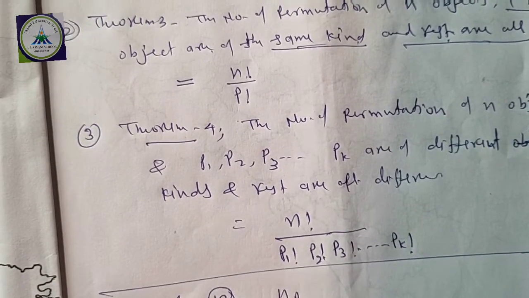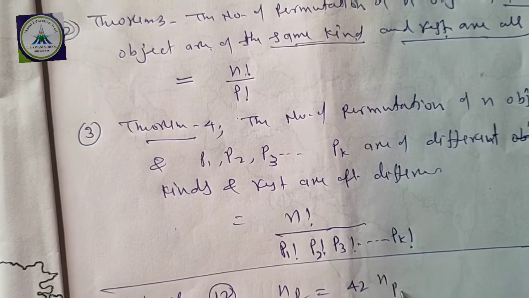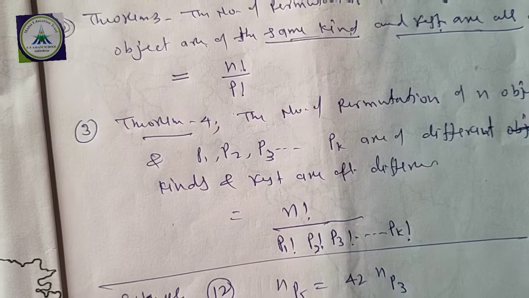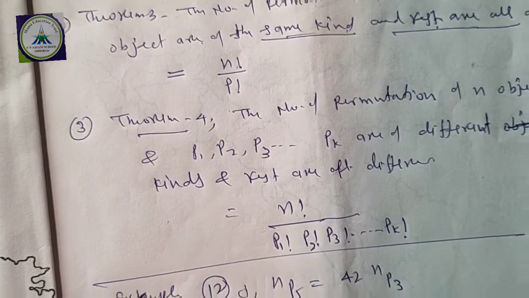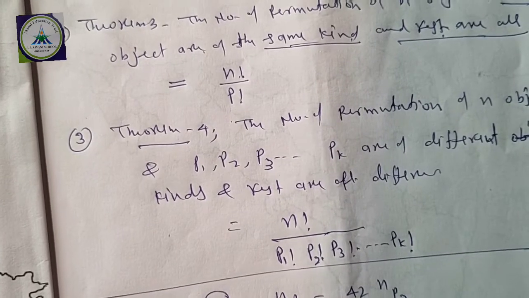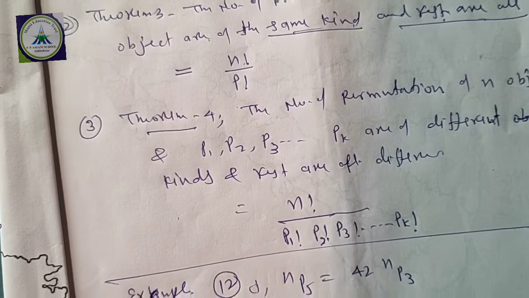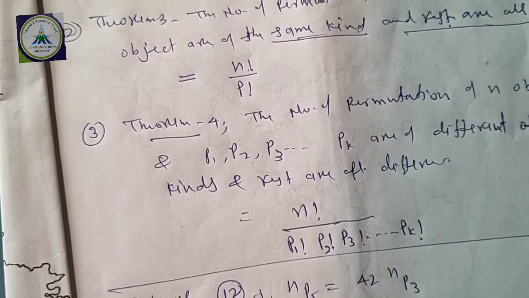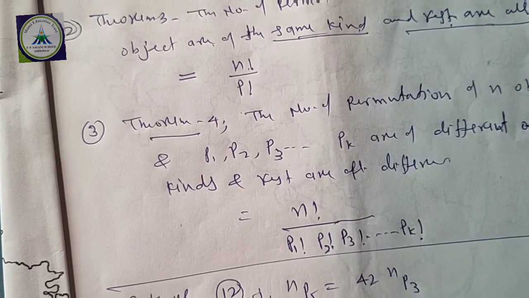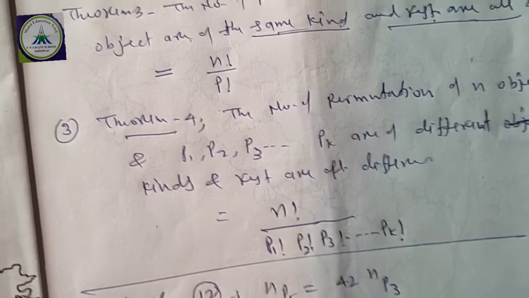nP5 equals 42 times nP3, where n is greater than 4. By the permutation rule, factorial n upon factorial n minus 5 equals 42 times factorial n upon factorial n minus 3.